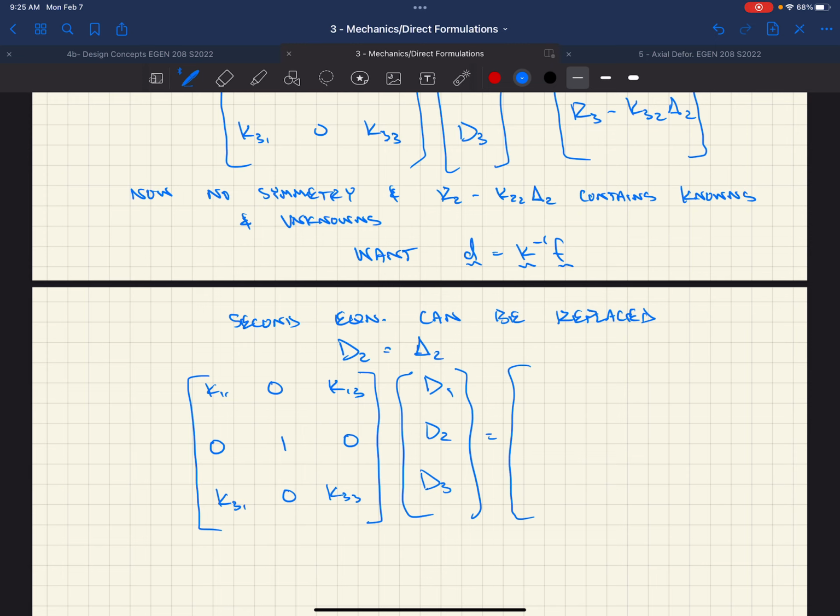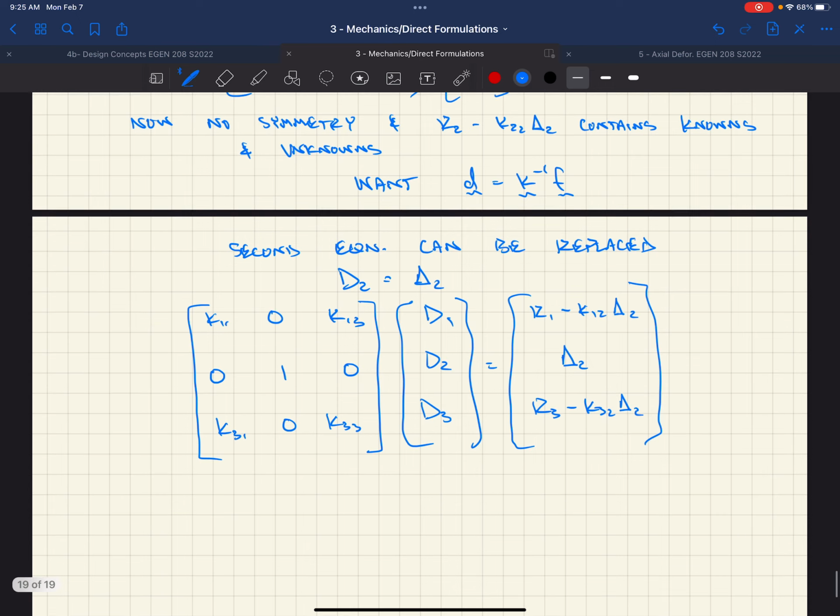Again, now we have our R1 minus K12 delta 2, delta 2, and R3 minus K32 delta 2, right?